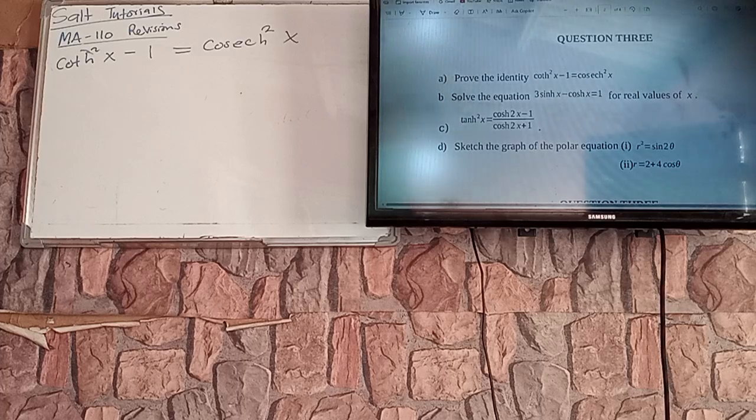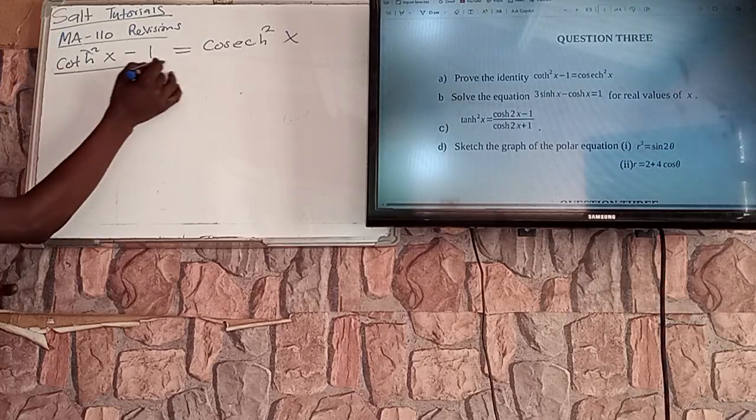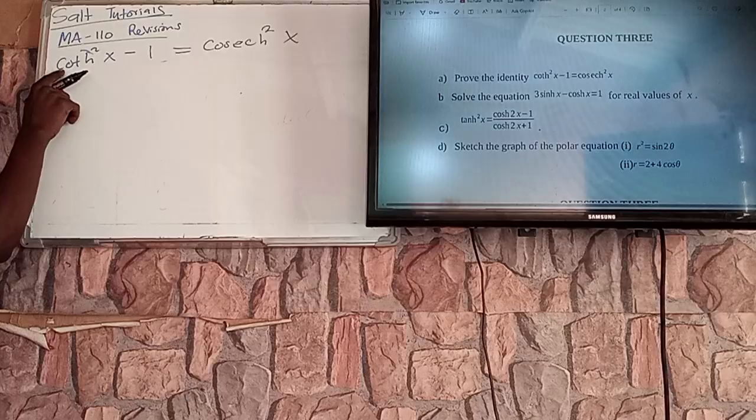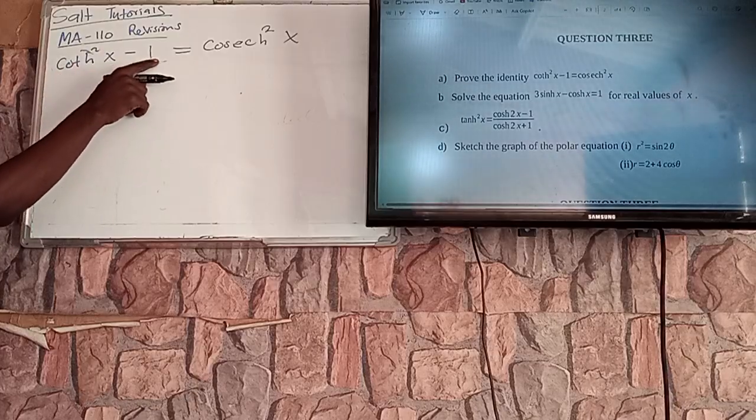You should be able to remember a number of identities. For example, you can start by looking at your left hand side. What do you have on your left hand side? We have cot squared x minus 1.